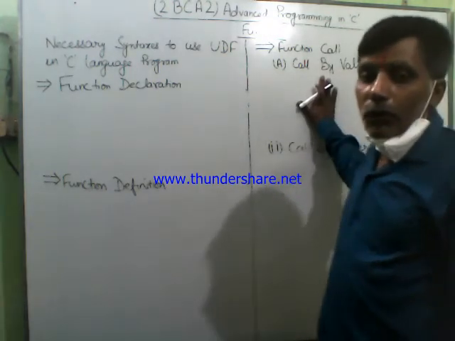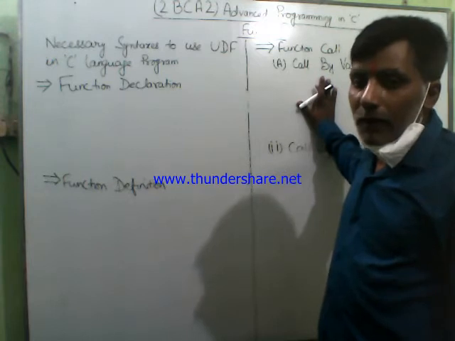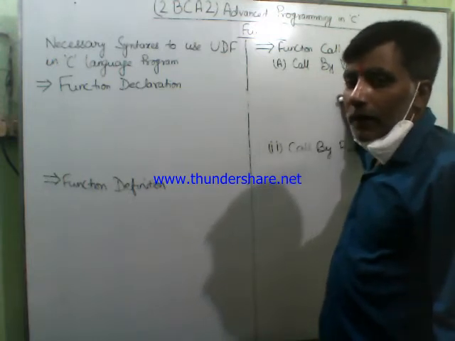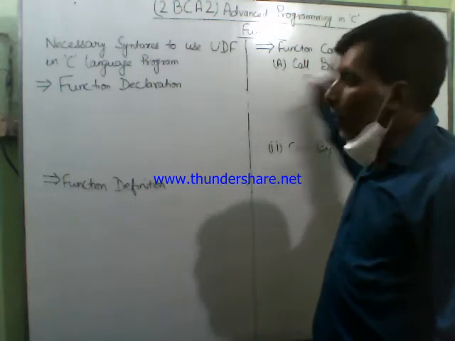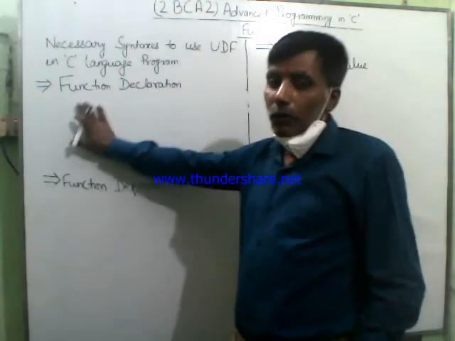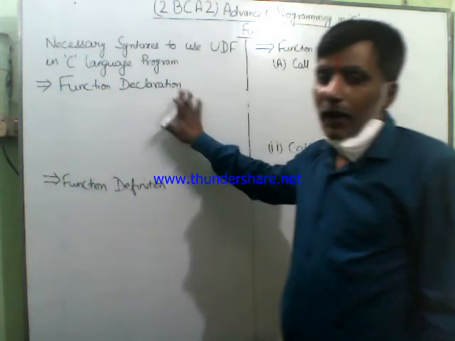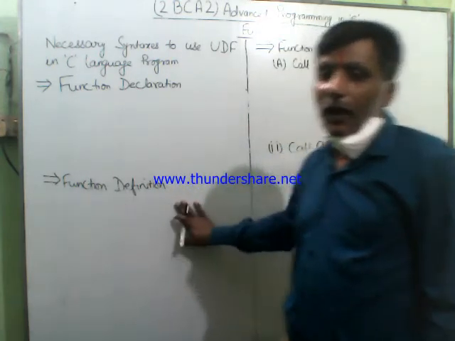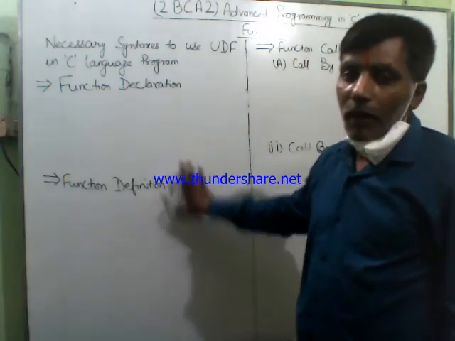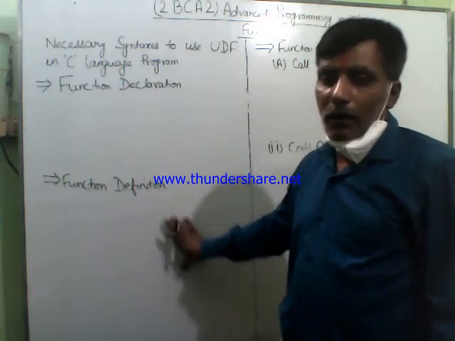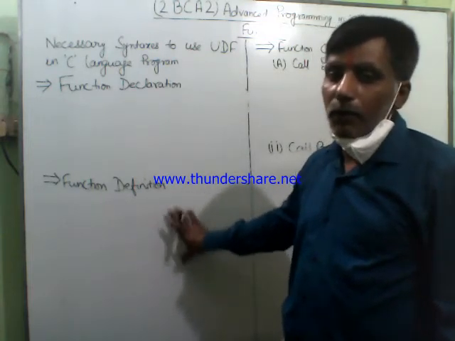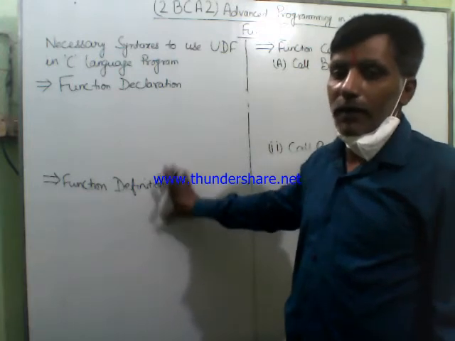If you are going to call your user defined function by call by value method, then what are the necessary syntaxes that you have to follow to perform function declaration and function definition in the C language program? First of all, I am going to teach those necessary syntaxes.